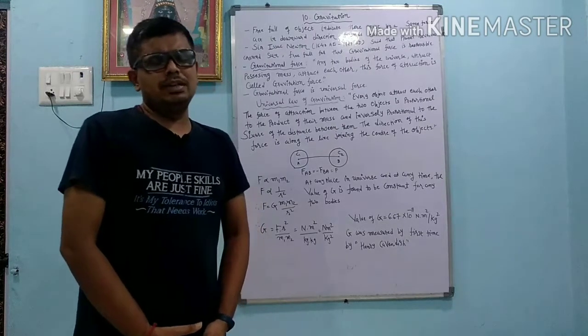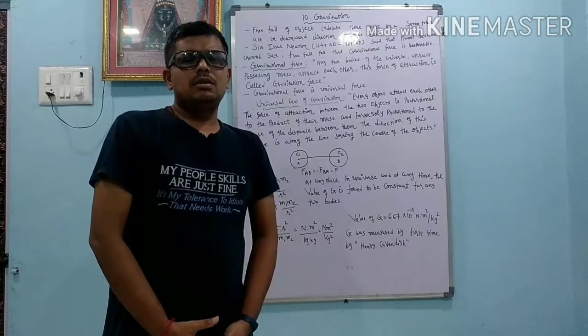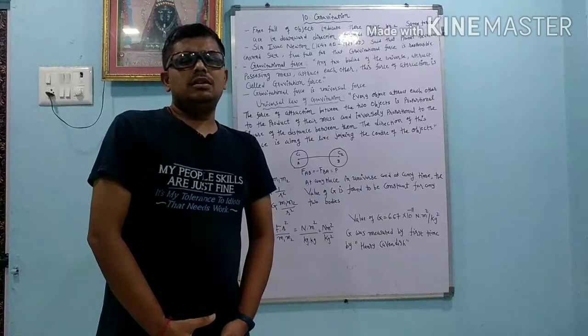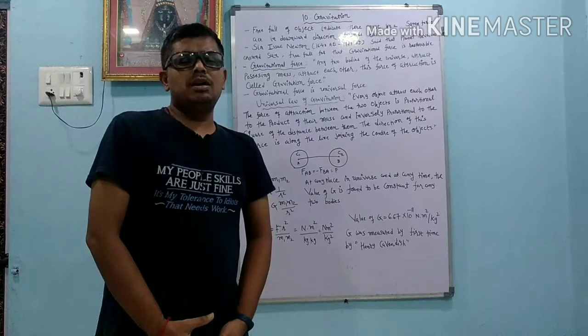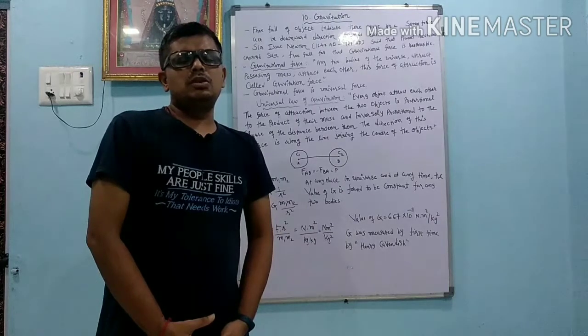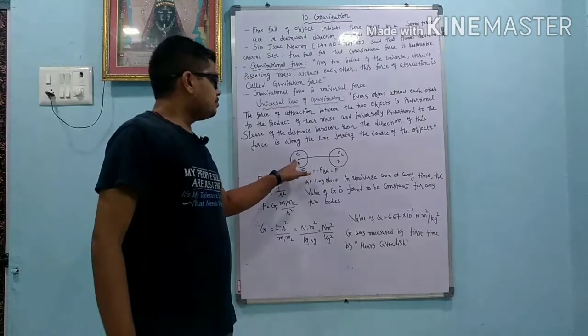In simple words, if there are two bodies in the universe, the force exerted on both objects is directly proportional to their masses and inversely proportional to the square of the distance between them.